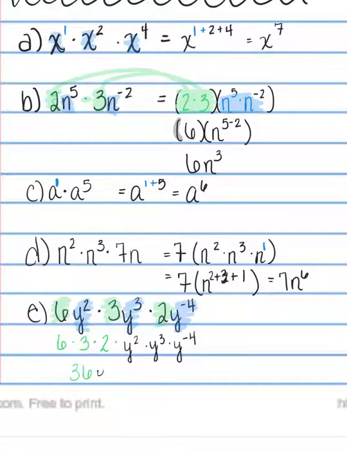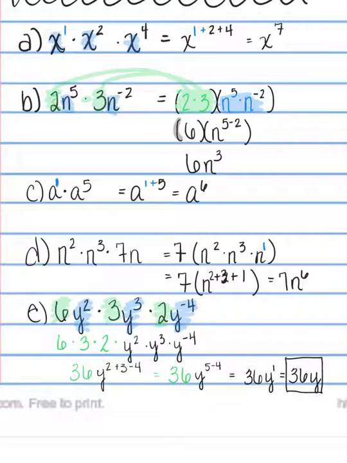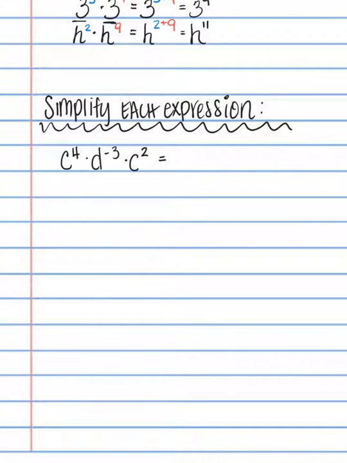And then you realize it's y to the 2nd plus the 3rd minus the 4th, which simply equals 36 y to the 5th minus the 4th, which is the same as 36y to the 1st, or simply 36y. This should be your answer right here. And I would like you now to look at a couple of other examples with me. Let's look at a situation like this.